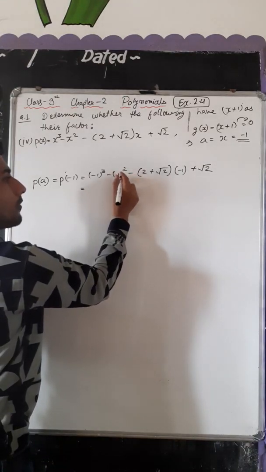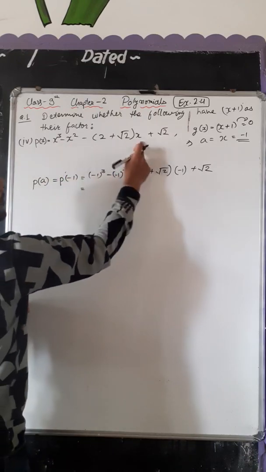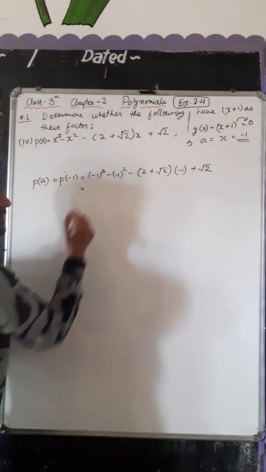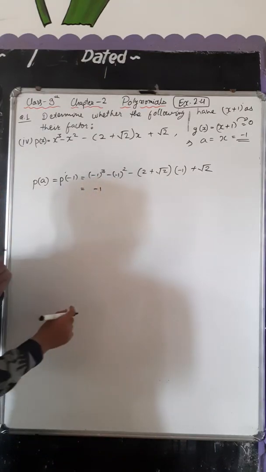Put minus 1 wherever there is x. सभी जितनी भी x की पोजीशंस है वहां पे minus 1 लिख दिया. Now this is minus 1 and this is cube. Cube means odd number. We get minus 1.